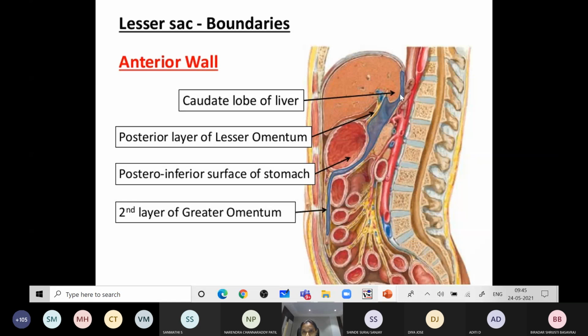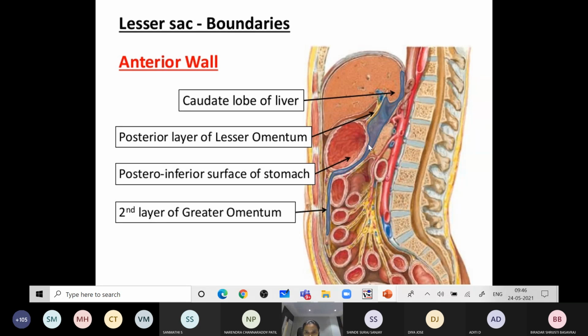From above downwards: caudate lobe of the liver, then posterior layer of the lesser omentum, then posterior surface of the stomach, and second layer of the greater omentum. Between the two layers of the greater omentum the space of the lesser sac is very less, and that is the anterior wall.